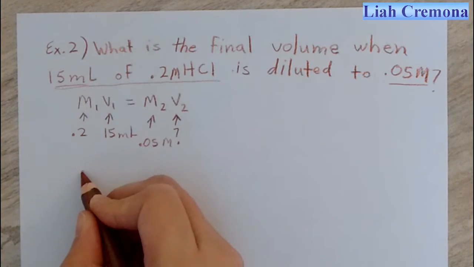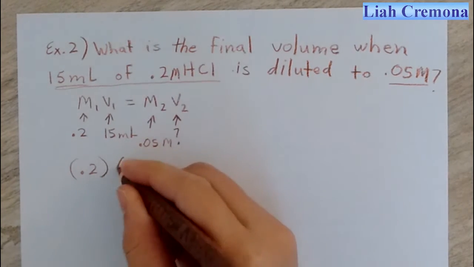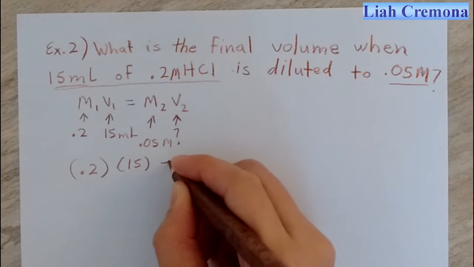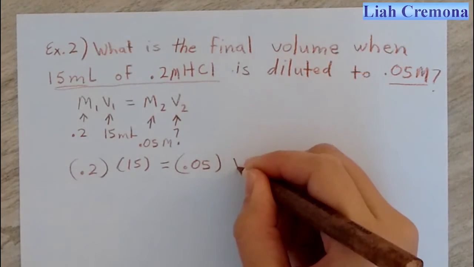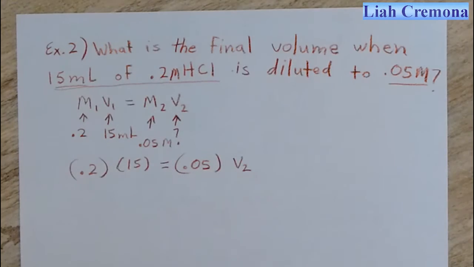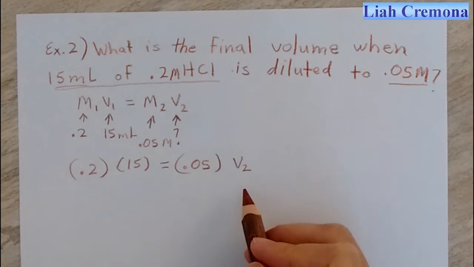Now we have the equation 0.2 times 15 is equal to 0.05 with an unknown value for the final volume.